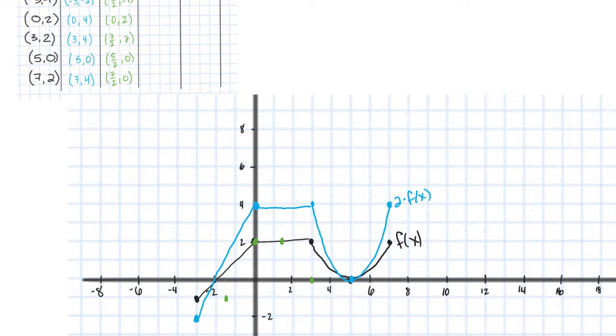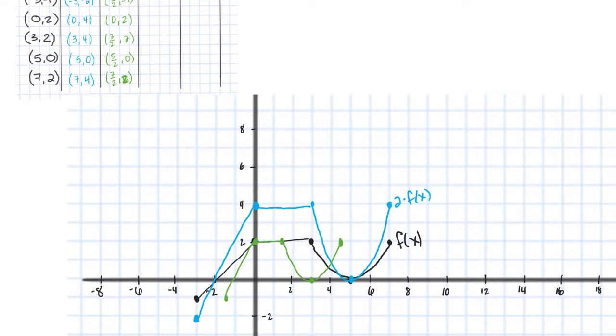And 7/2 is (3.5, 2). I see I made an error up here. This should be a 2. So we have (3.5, 2), right here. You can see that this is the original shape as f of x, but it has been horizontally compressed.